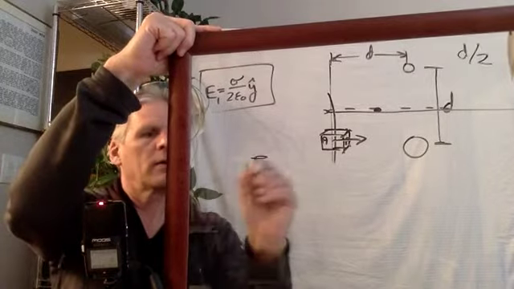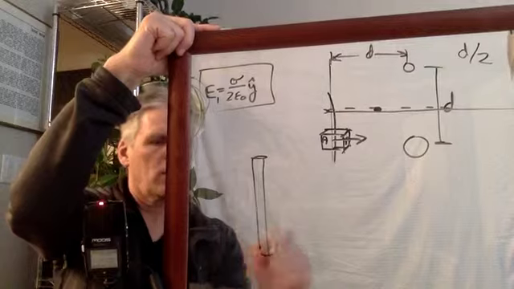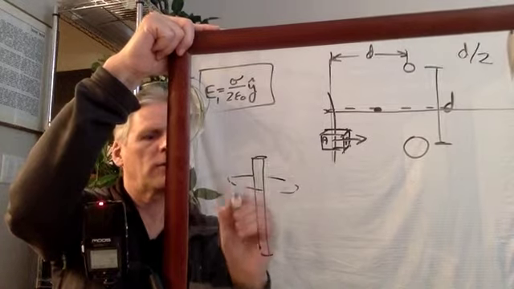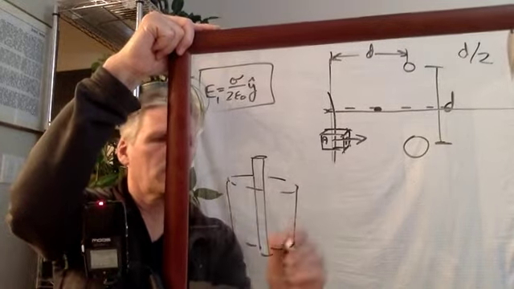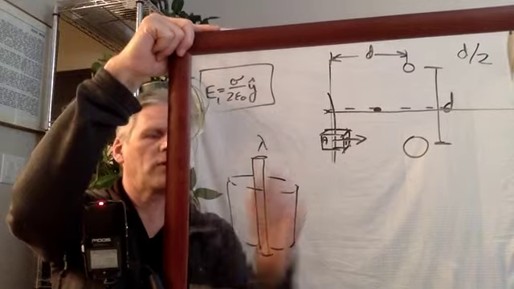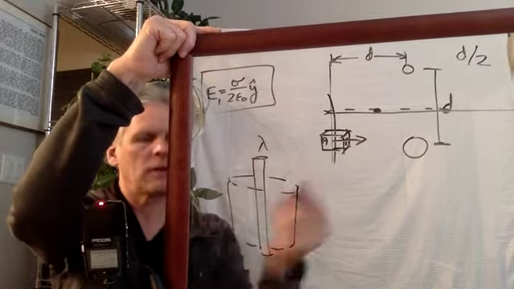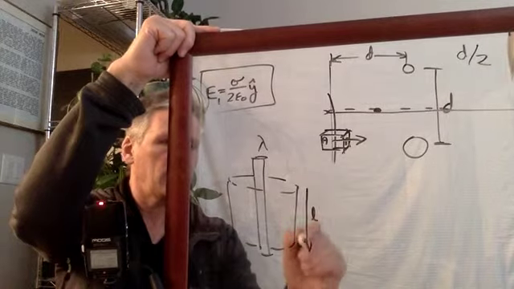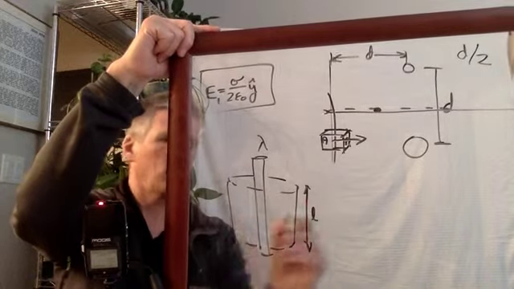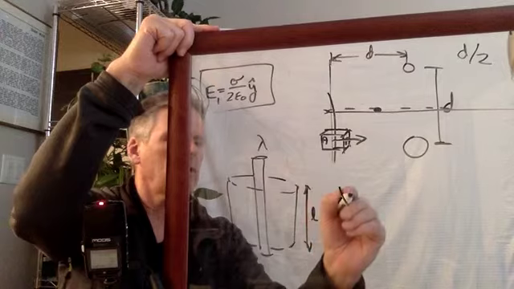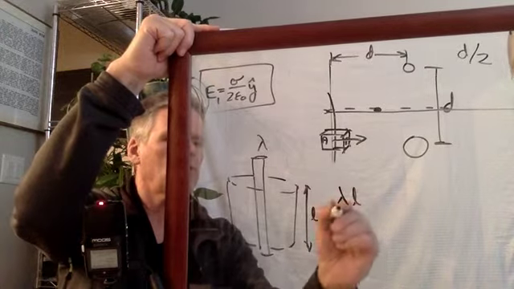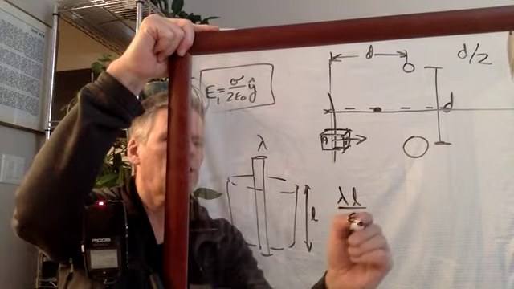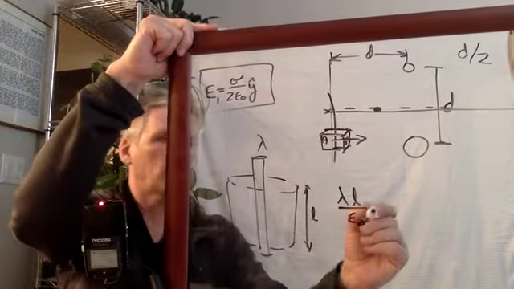Our wire is here. I'm going to have some Gaussian surface here. Okay, and I have a charge density lambda on that. It's a linear charge density. So if I have a height L, I know that lambda L is my charge enclosed. So lambda L over epsilon 0 is the charge enclosed over epsilon 0.